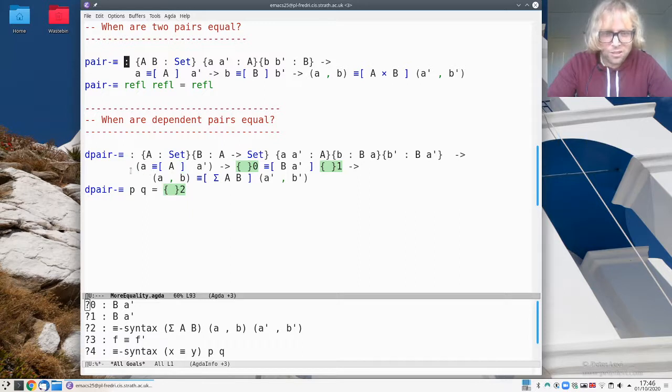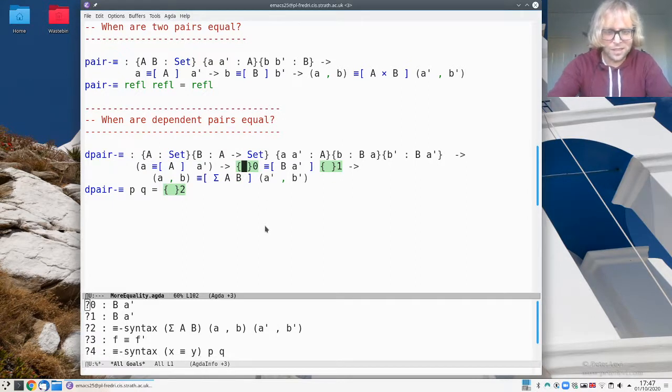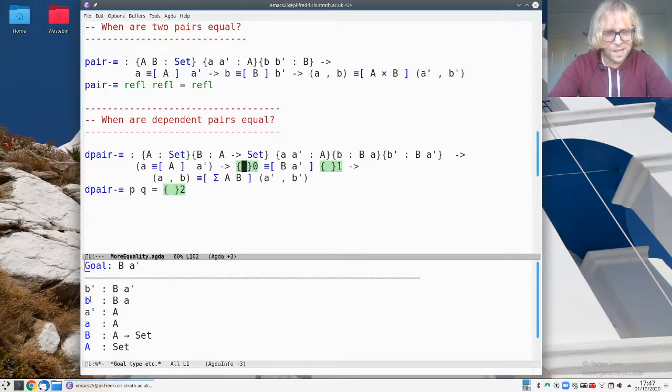Okay, so what should we actually ask for in order to get enough evidence that this pair is equal to this pair? Well, we should certainly, just like before, ask that the first components are equal. But now it's a bit trickier what to ask about the second components, because if we look at the types involved, we see that b and b prime don't have the same type. But we have to ask for equality at a certain type.